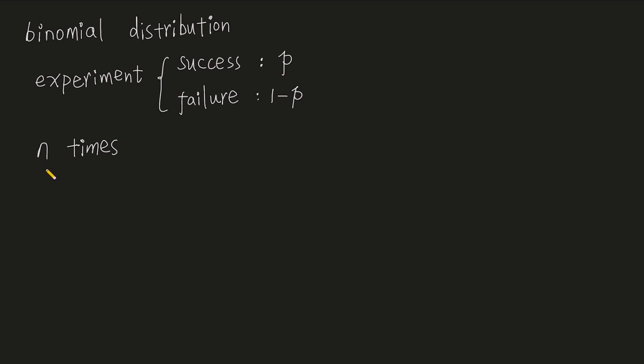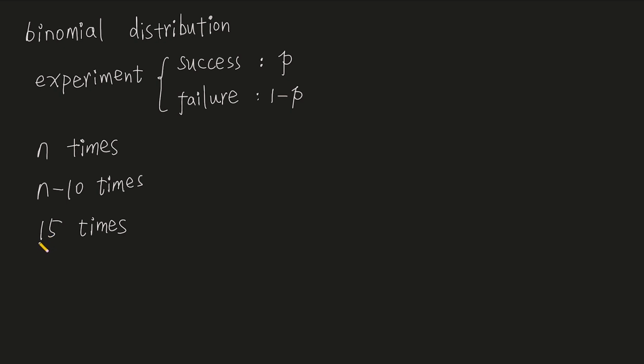For example, today we do an experiment, maybe 10 times are success. And tomorrow we do an experiment, maybe 15 times are success. So the number of times of success is random. So the number of times that success occurs is a random variable.